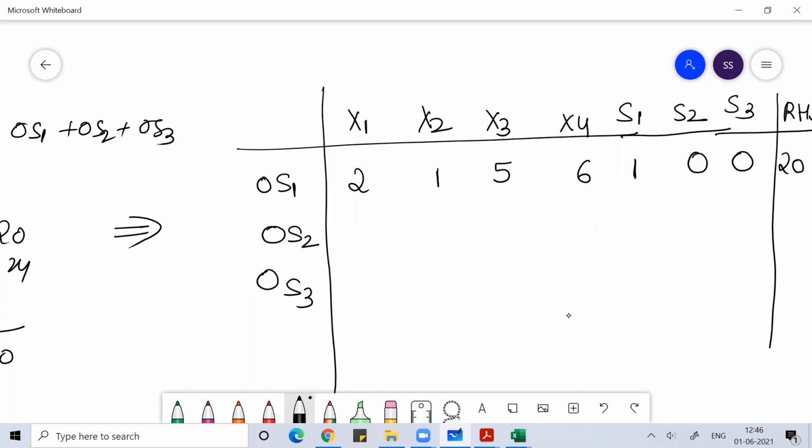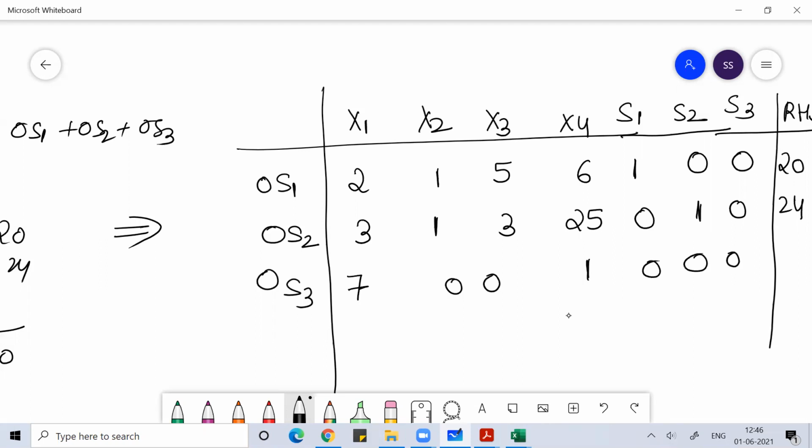The next equation is 3x1 plus x2 plus 3x3 plus 25x4, then 0 1 0, equal to 24. The next one is 7x1 plus x4, 0 0 0, equal to 70.